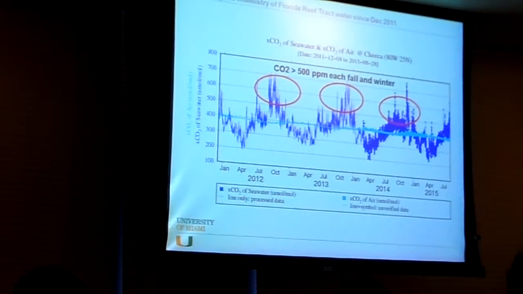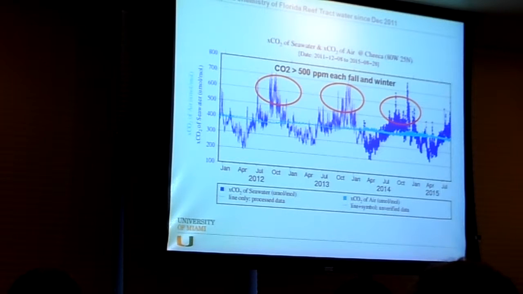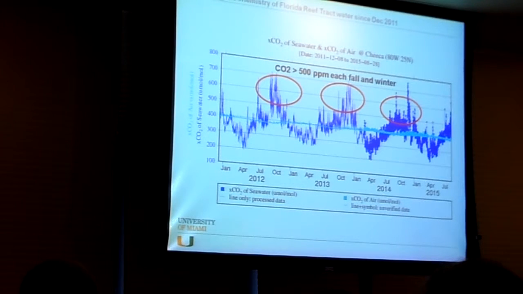And you'll notice that there's an annual cycle in it. It tends to go down during the summer, and we think that's due to the photosynthesis of the extensive seagrass beds that we find out there. So as plants photosynthesize, they remove CO2 from the water, and they'll lower it lower than the concentration in the atmosphere.